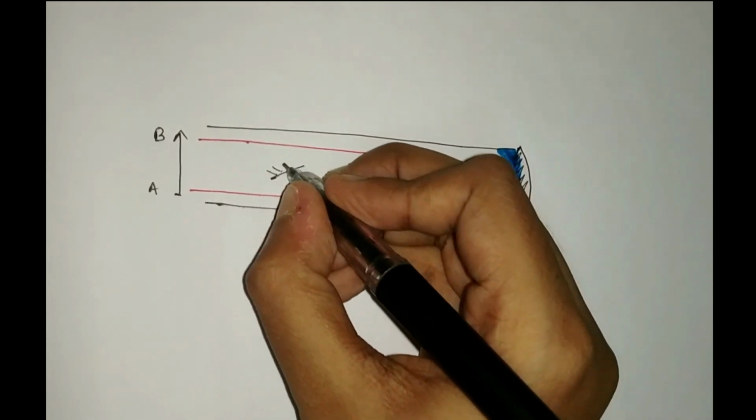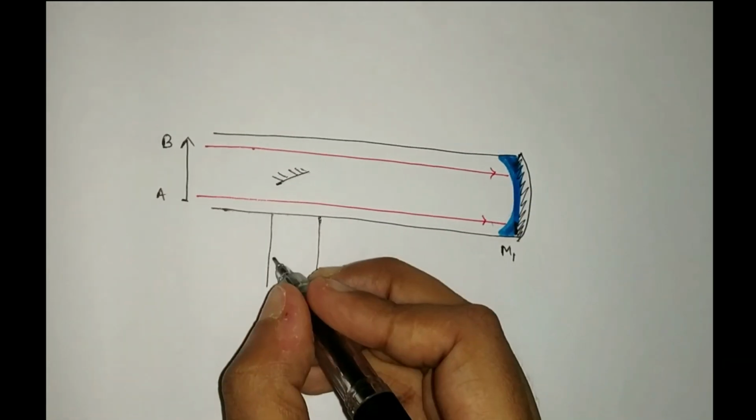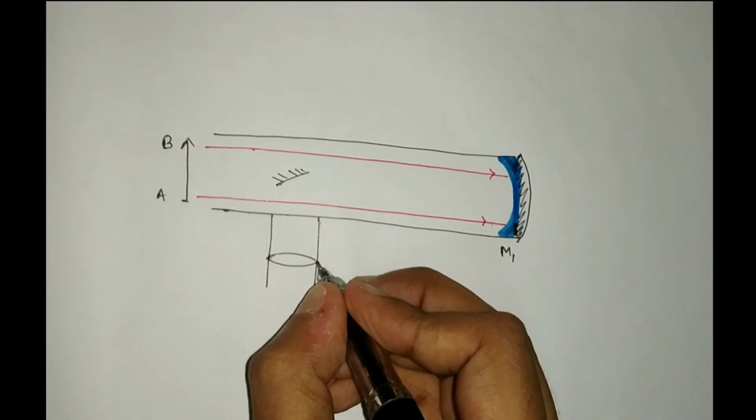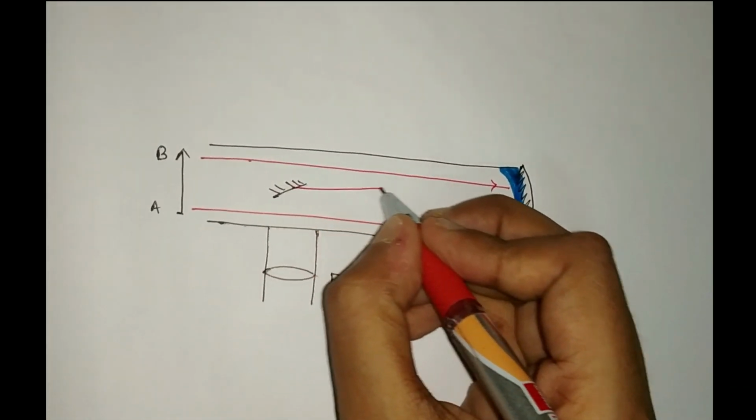Following the position of M2, we have placed an adjacent tube which consists of an eyepiece E, a convex lens of small focal length and small aperture.